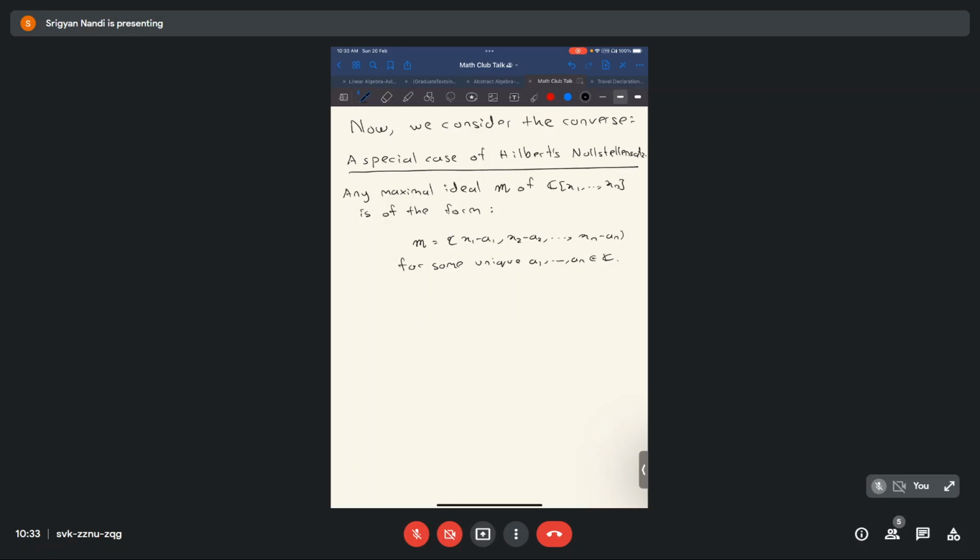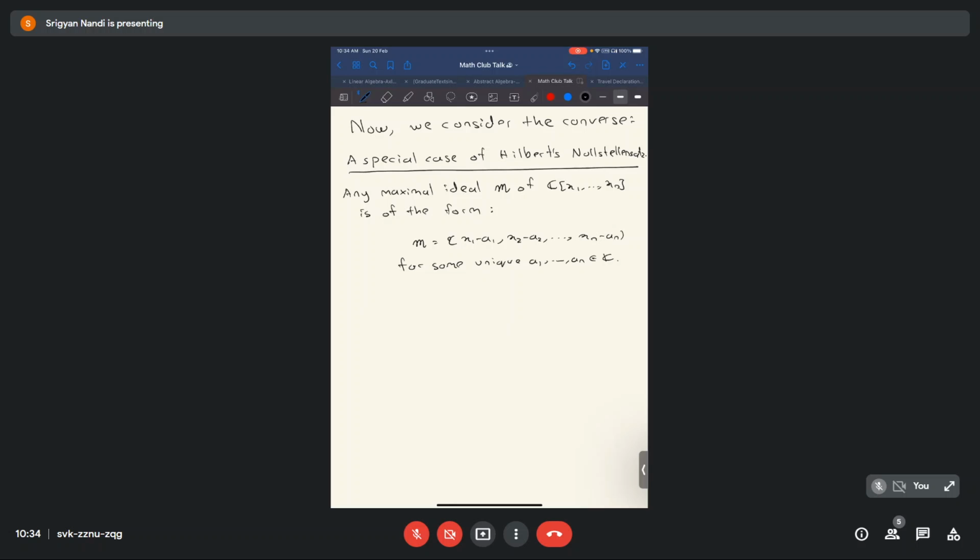It basically states that not only do we have that ideals of the form x1 minus a1 till xn minus an are maximal ideals, we also have that any maximal ideal is of the form x1 minus a1 till xn minus an, where a1 to an are uniquely determined. And this is basically a version of Hilbert's Nullstellensatz for the n-variate complex polynomials.